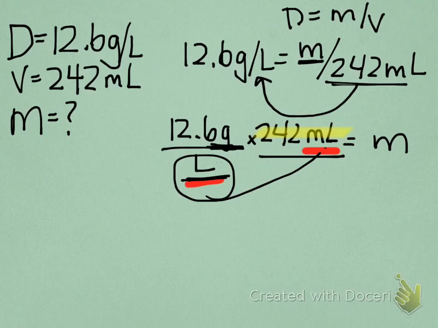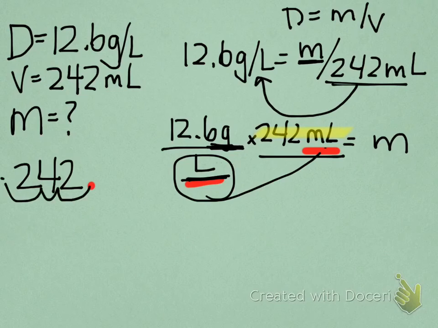So if you remember back to your metric conversion, find that decimal point, and from milliliters to liters, you're going to move 3 spots, 1, 2, 3, to the left. So you're left with 0.242 liters. So what are we going to do?